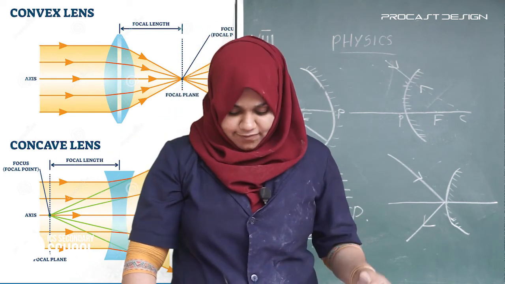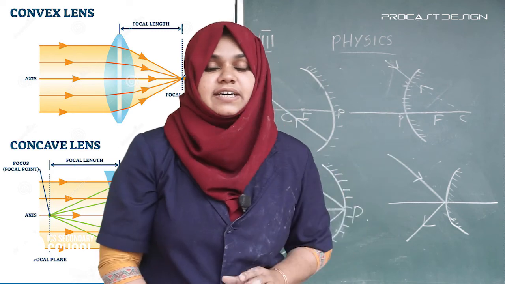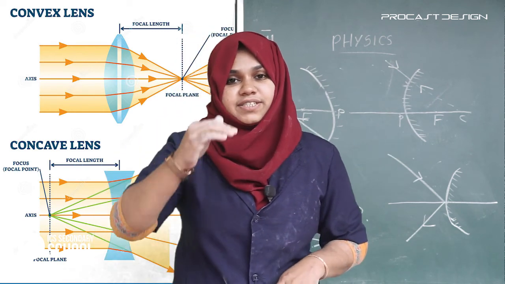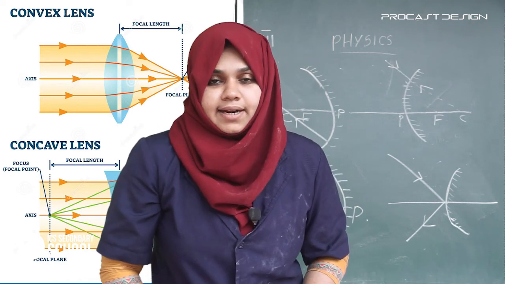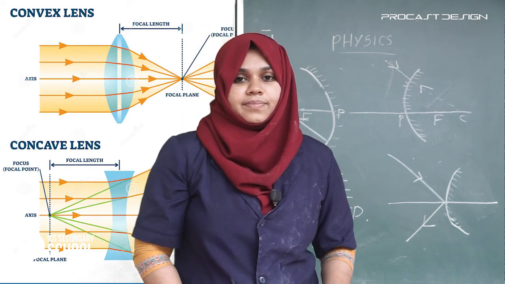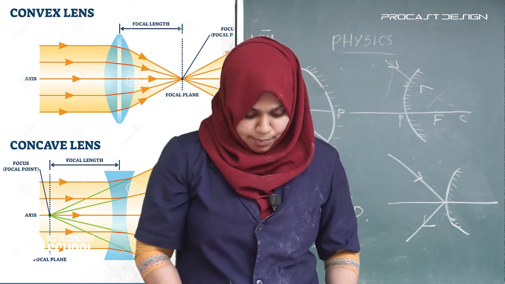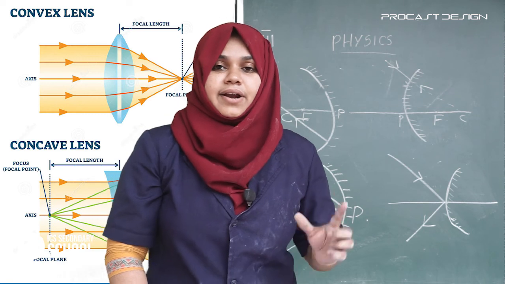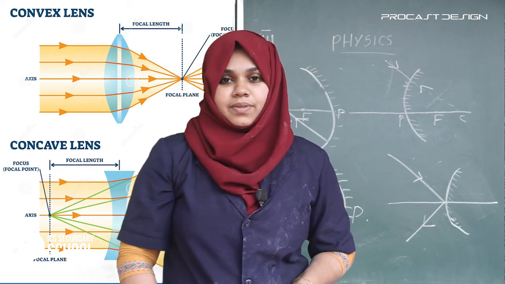A concave mirror has its reflecting surface on the inner side. A convex mirror has its reflecting surface on the outer side. Got it? We also learned some terms about that. All of you must read that and write it in your notebook also.